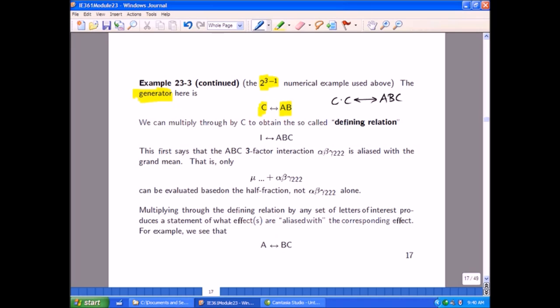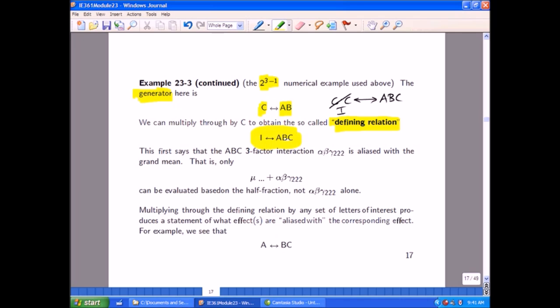My rules say that any letter times itself is I, and so I have something that says that I is equivalent to ABC. That is a relationship called the defining relationship, and that's going to tell us what is inseparable from what, what is aliased with what, the pattern of ambiguity.